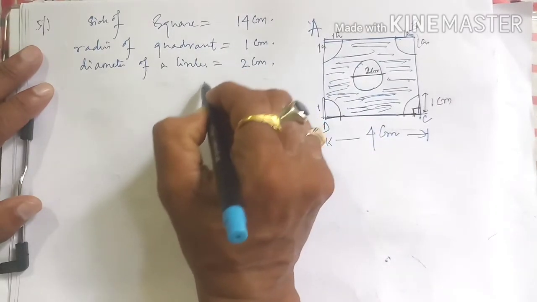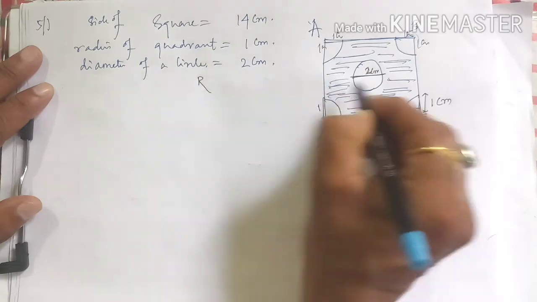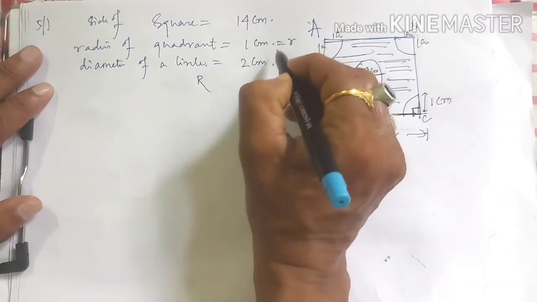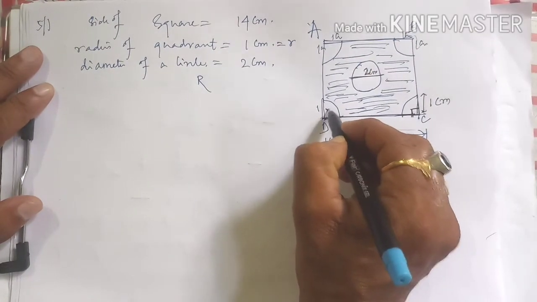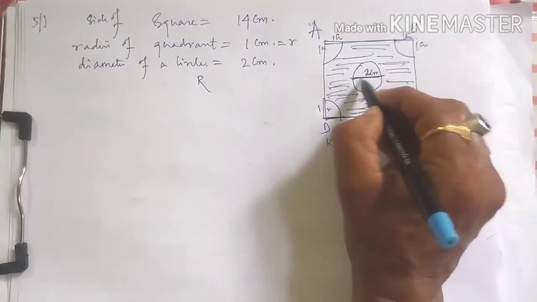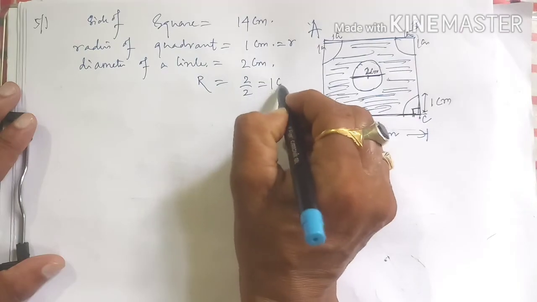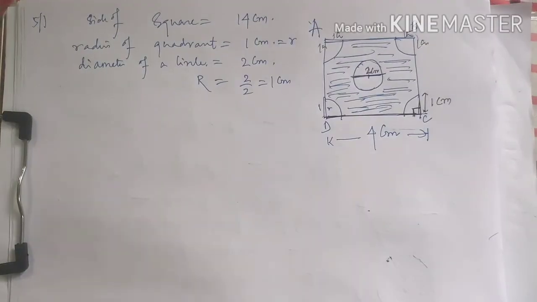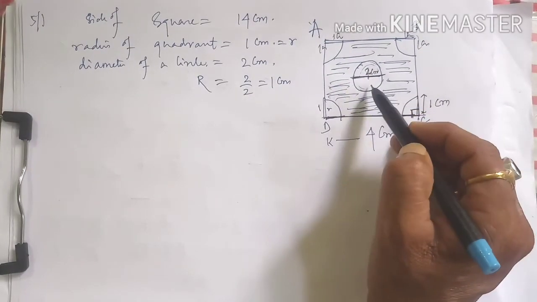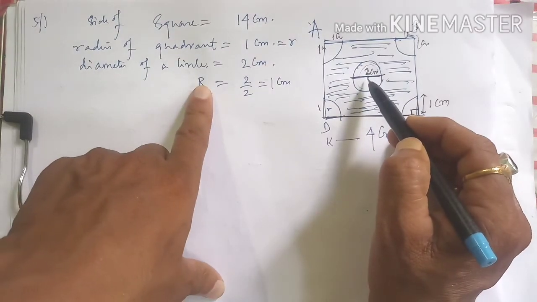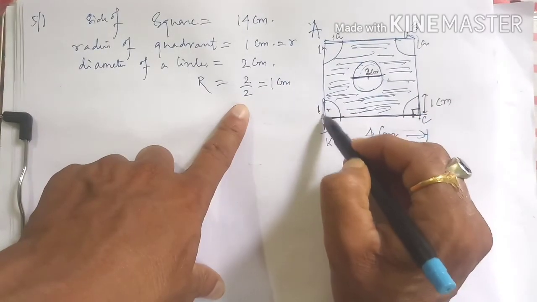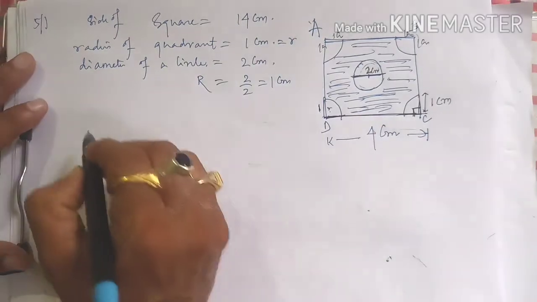Here I am writing capital R, and the quadrant radius is smaller. Capital R is the radius of this circle, and it is 2 by 2, it is 1 centimeter. Remember one thing, this is the diameter of this circle, and I am taking capital R, and 1 is the radius of the quadrant, I am taking smaller.